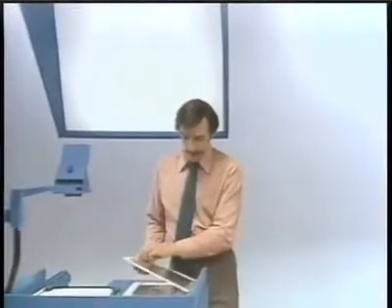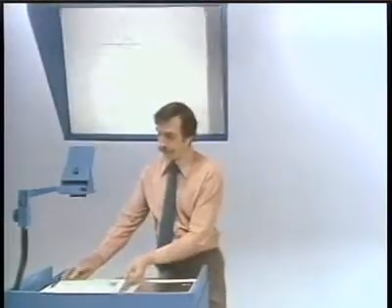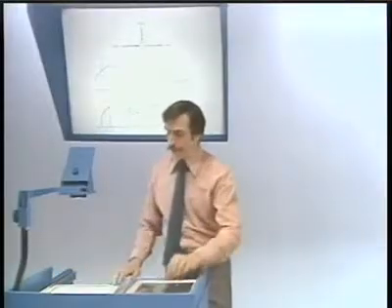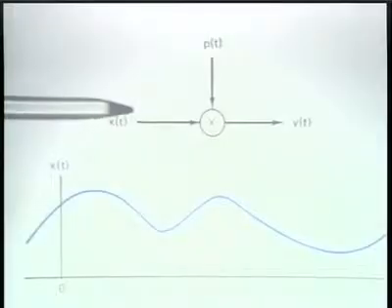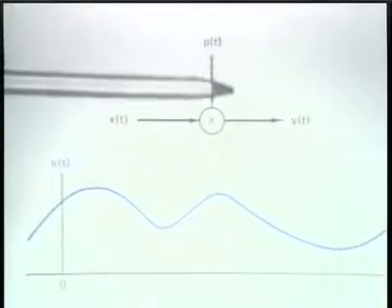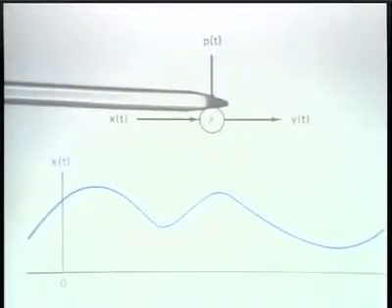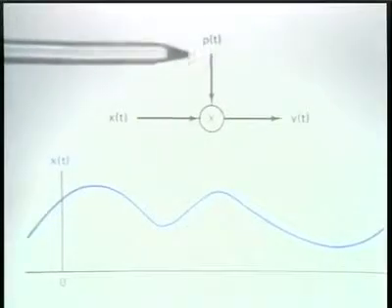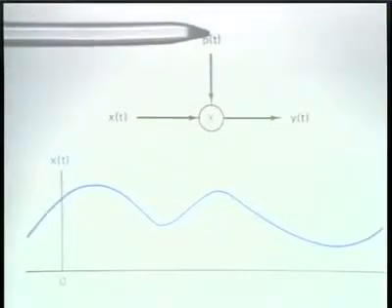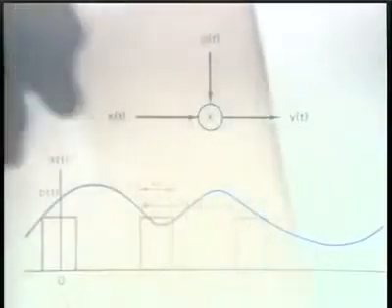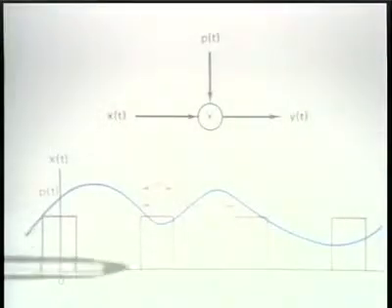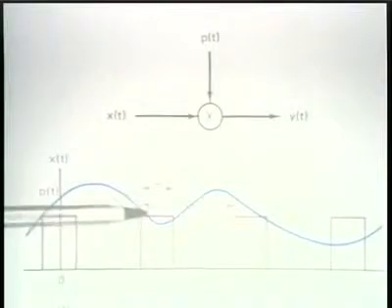Now, the idea is the following. In general, of course, the modulator consists of multiplying x of t by whatever the carrier signal is. And previously, we've talked about a carrier signal which is sinusoidal. The carrier signal that we want to consider now is, in fact, a pulse train.